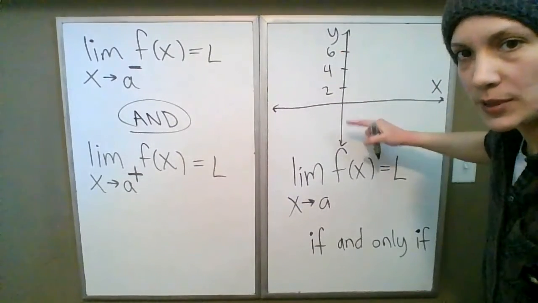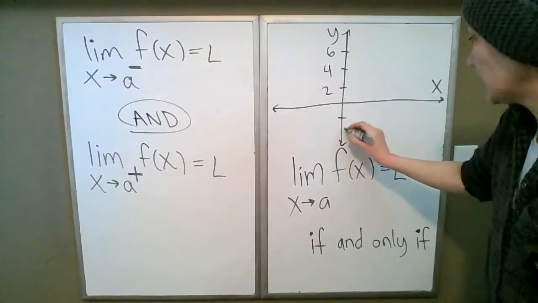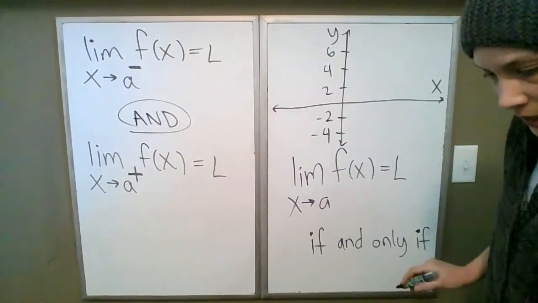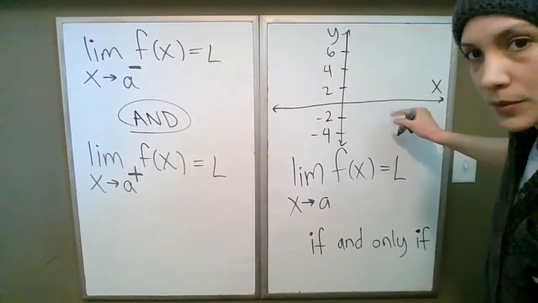We're going to have a -2 and a -4 here. And then I've got 1, 2, 3, 4, 5.